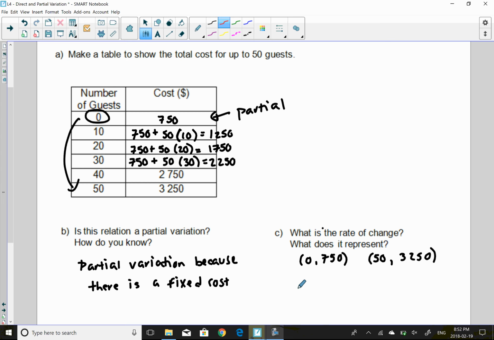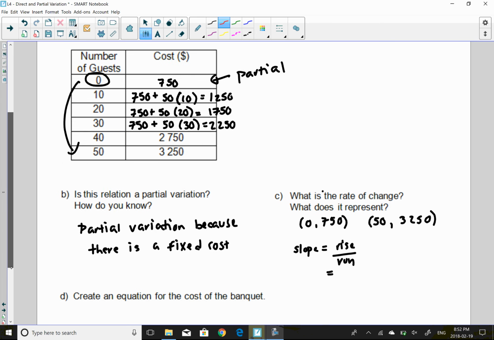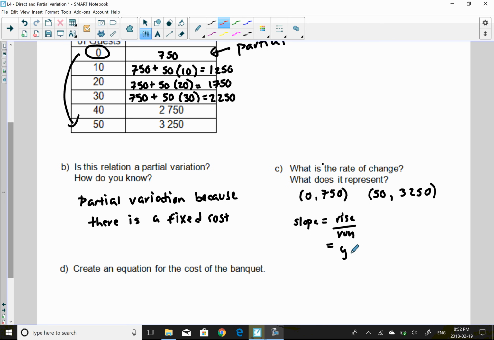So slope is rise over run. I can also use the y2 minus y1 over x2 minus x1 formula. So if you notice, this is going to be x1, y1, x2, y2.